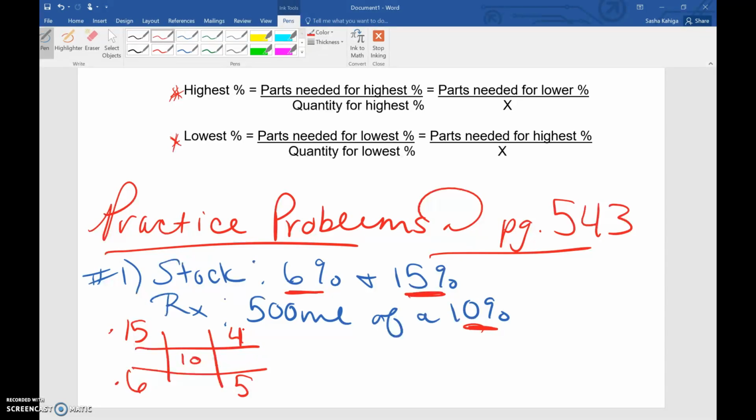The next step that you need to take is you ask yourself, does that given quantity of 500 milliliters go to the highest percent of 15, the lowest percent of 6, or the desired percentage of 10? Well, it goes to the 10%. Why am I asking that?